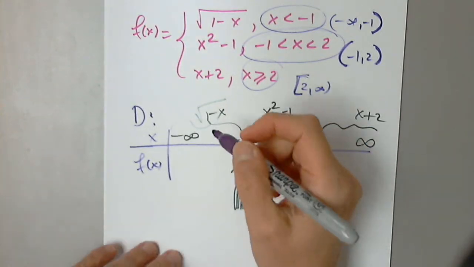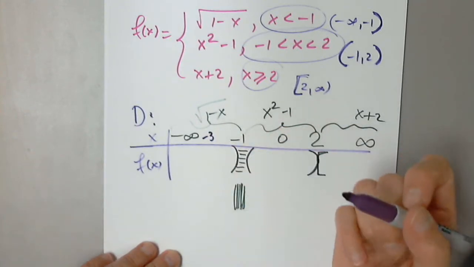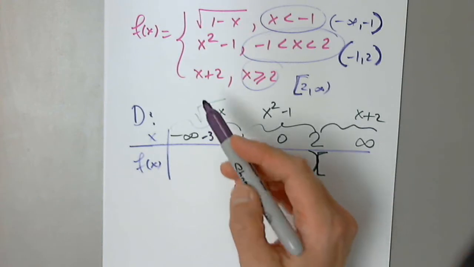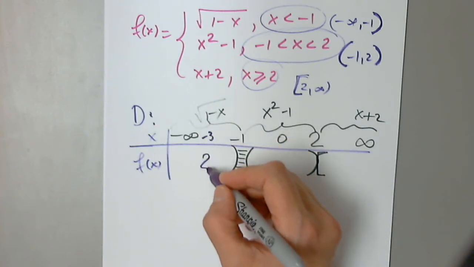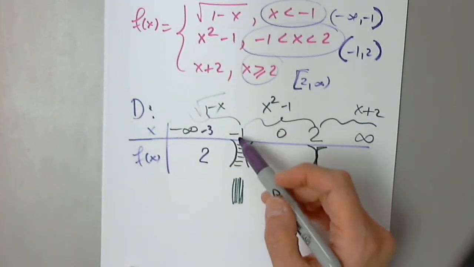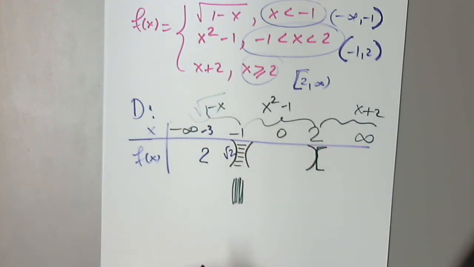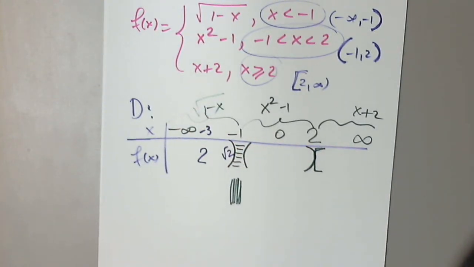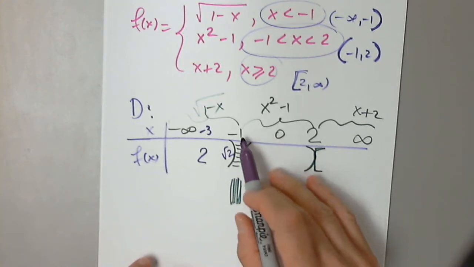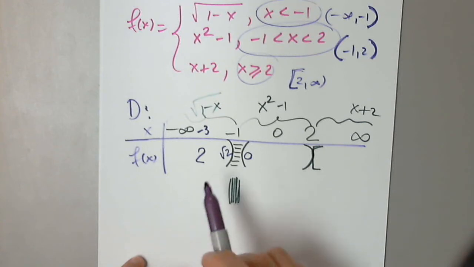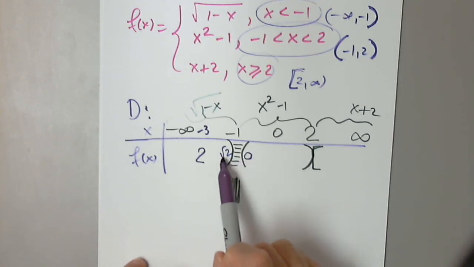So now I'll say here negative 3. When I plug in negative 3, I get 4 underneath, and the square root of 4 is 2. Now this is ugly because it will be the square root of 2. I'll figure it out. When I plug in negative 1 on this side, I get 0. Careful, these numbers are inside parentheses.